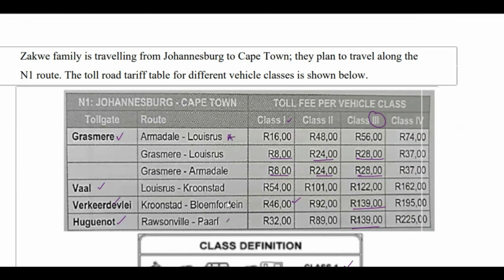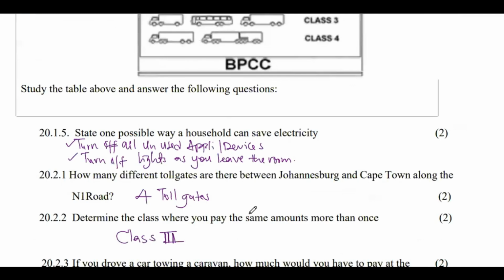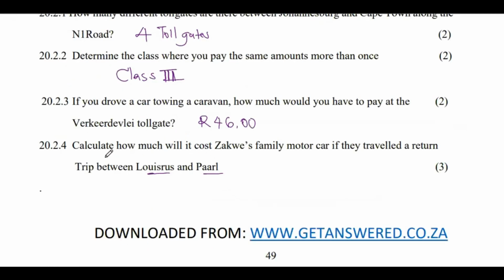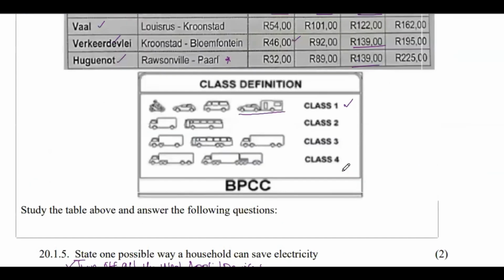Louisiana to Pearl. So they will be paying. Okay. And let's find out which car they drive. Family motor car. What could we call it? Okay, it's in class 1, no matter what. So we shall see how much they will pay.